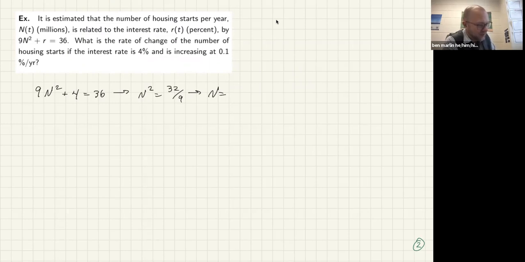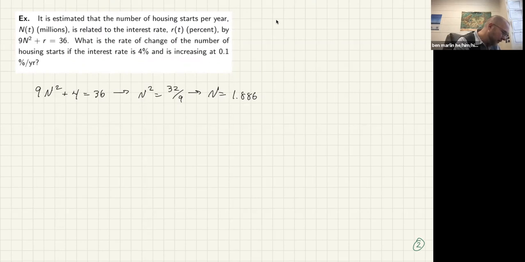So square root of 32 divided by 9 is 1.8856. And keep in mind, this is in millions of housing starts per year. So we're talking about nearly 2 million housing starts. All right. Then what is the rate of change of the number of housing starts?